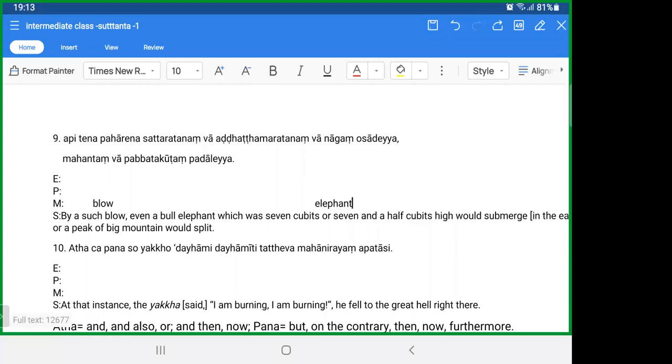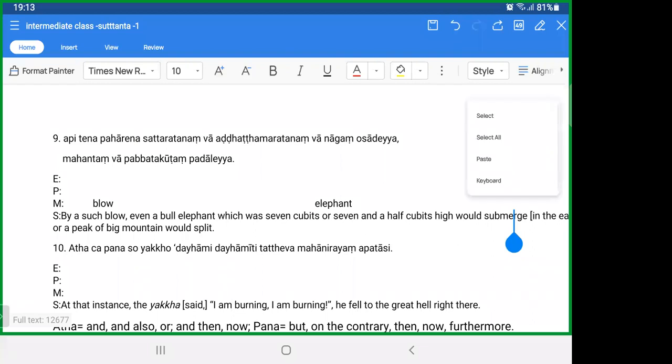Submerge. Which one? Submerge in the earth. Which Pali? Oh, don't know. Okay, look at the word submerge.